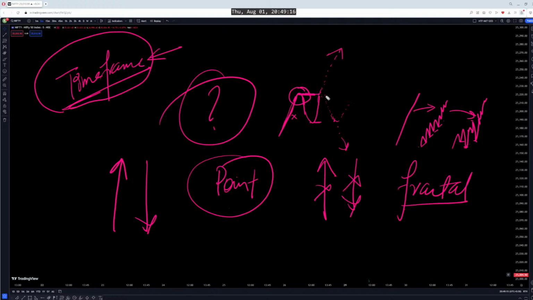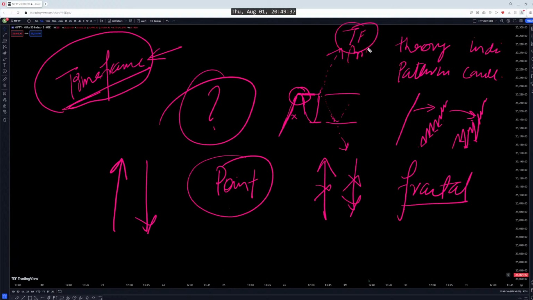All these things are going to be supported with maybe some theory, some chart patterns, some indicators, or some candlestick patterns, or some time frames, price action.